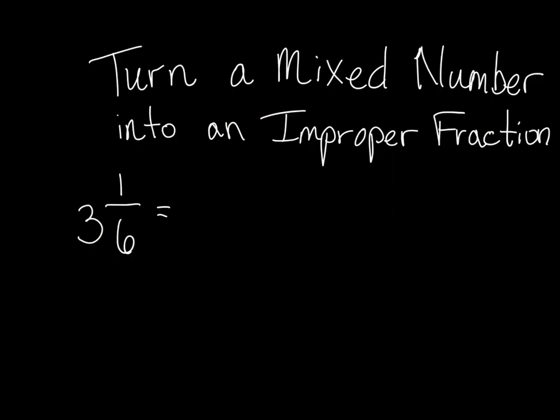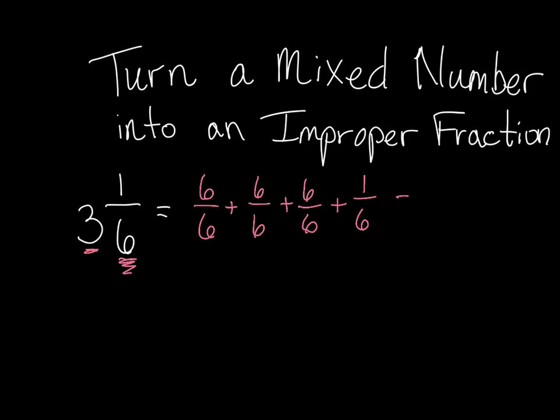All right, here's another one. Turn a mixed number into an improper fraction. Well, since we're dealing with the 6, we know that our numerator and our denominator has to equal 6, and there are 3 wholes. So we want 3 6/6s. 6/6 would give us 1 whole, 6/6 would give us 2 wholes, 6/6 would give us 3 wholes, plus 1/6 left over.